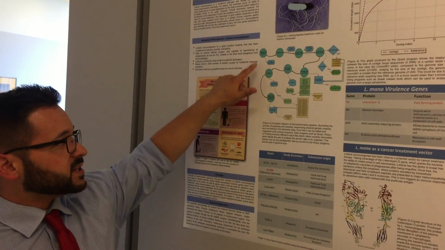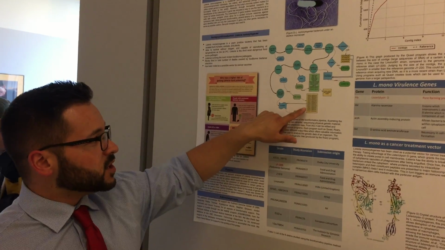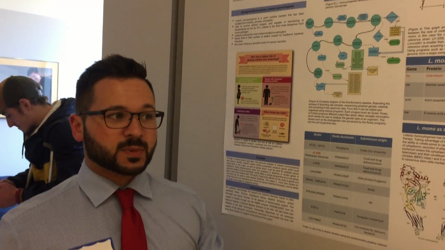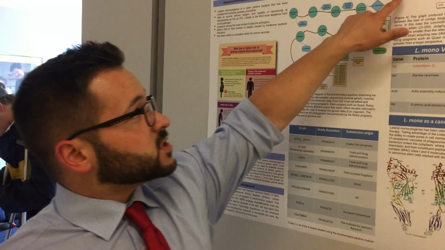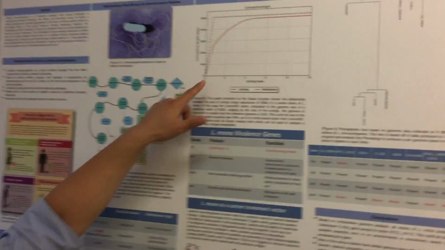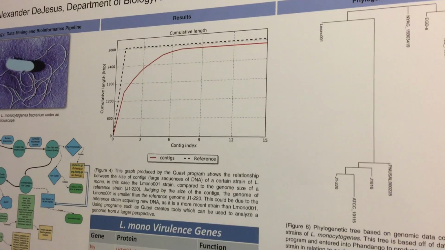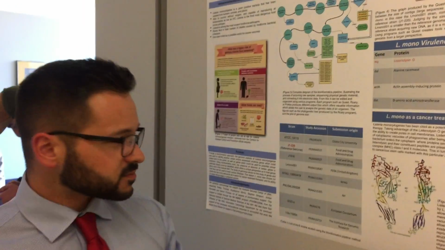And through running these different programs, we get these different outputs, which we can use to analyze the genomic data, like this, which measures the contig size of certain strains versus a reference strain that you can get offline.